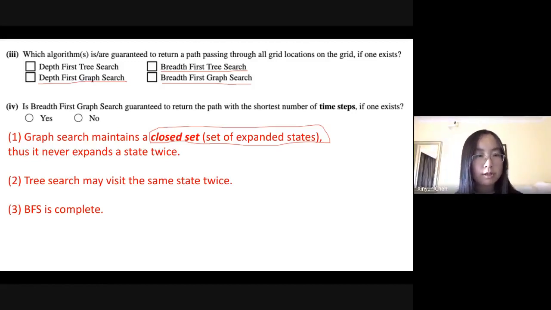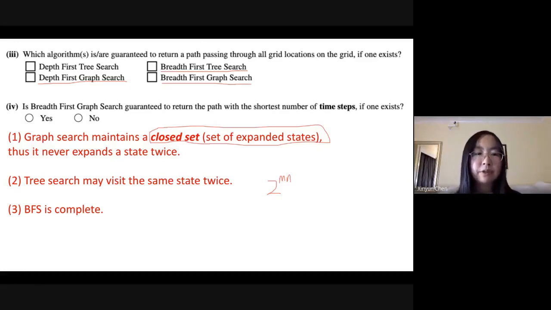Then the question is why depth first tree search may not guarantee to return a path. Notice that when we represent the state, there's an important component called visit status. It keeps track of the 2 to the power of mn possible representations of the visit status. If the car visits a state that it has visited before, the representation of the visit status will not be changed after an action.